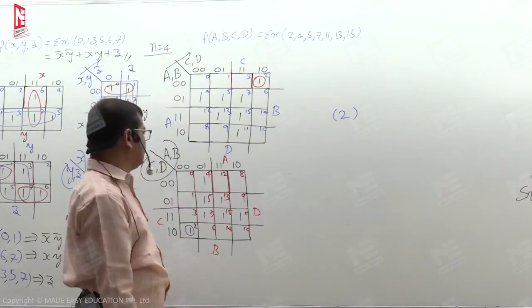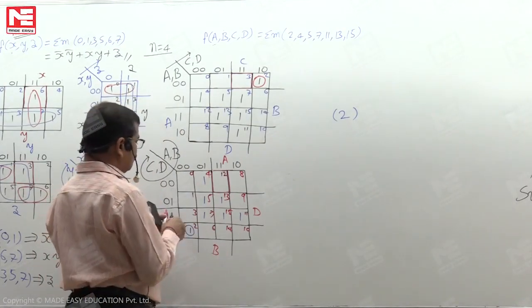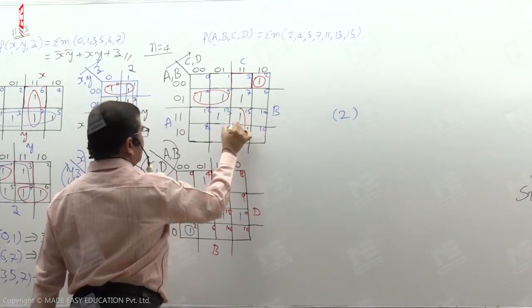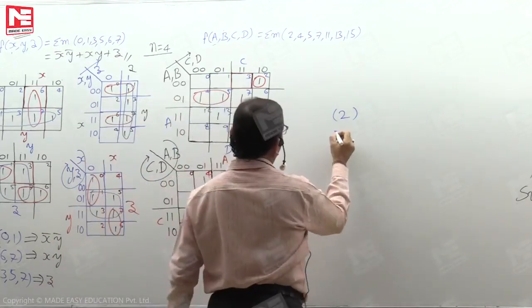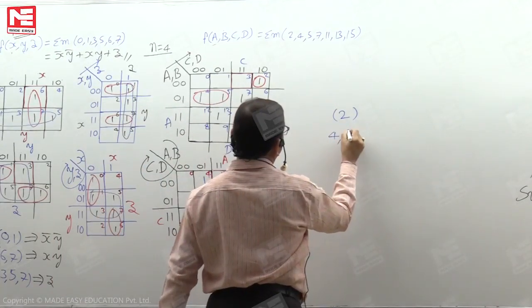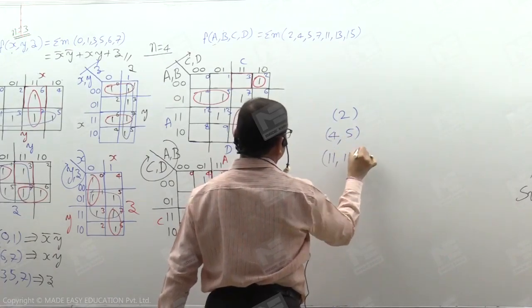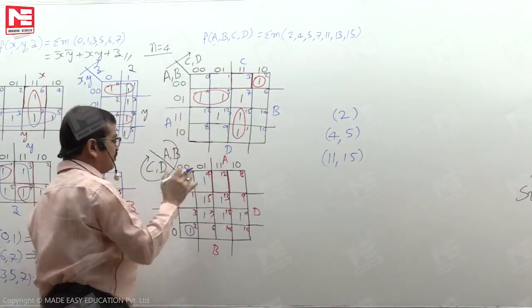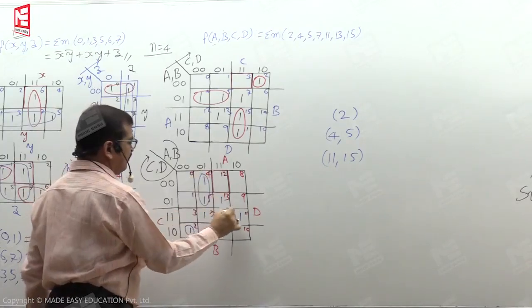So if you look to the 2-cell subcubes, we are having this 4, 5 as one 2-cell subcube. This 11, 15 is another 2-cell subcube. Whether we are reading from this or from this, the same thing. One is 4, 5, other is 11, 15.